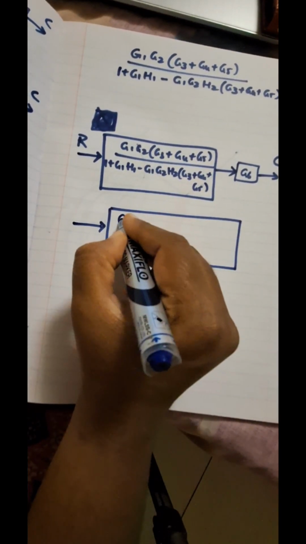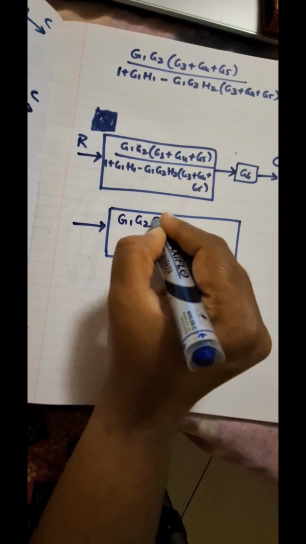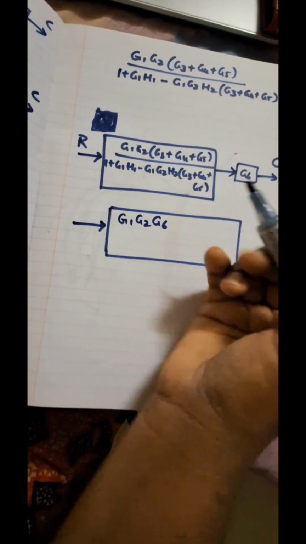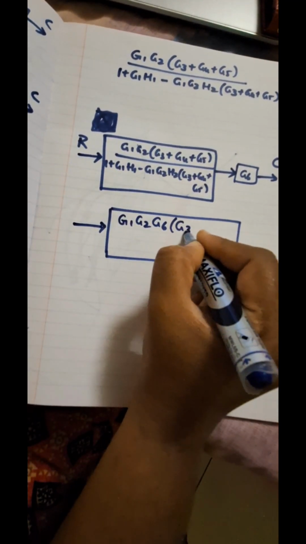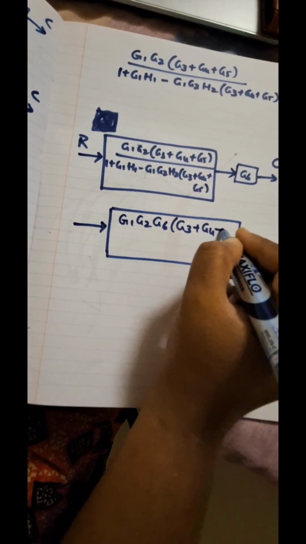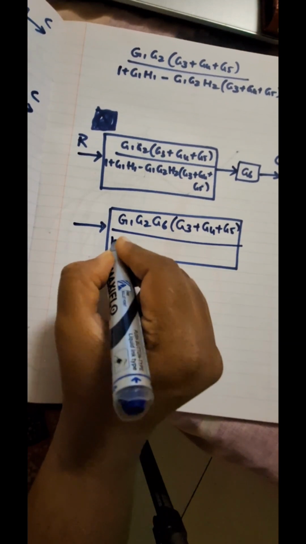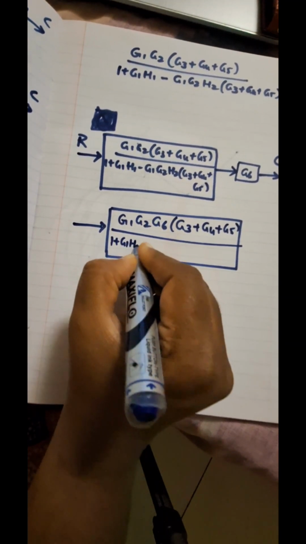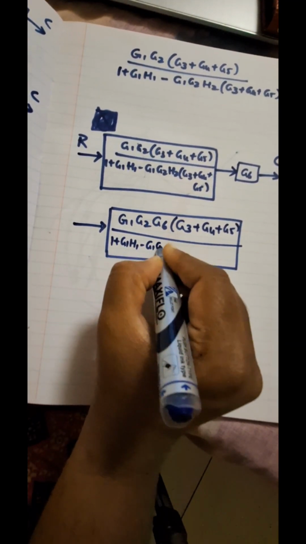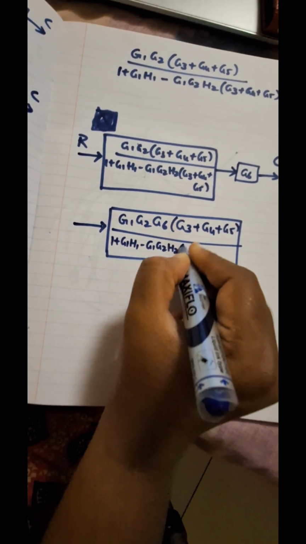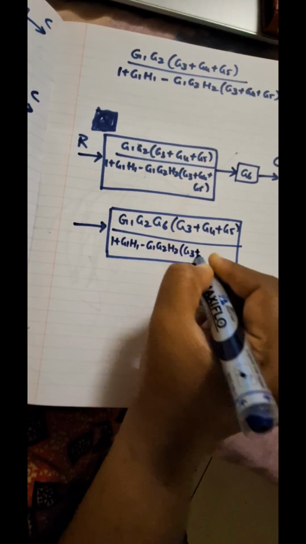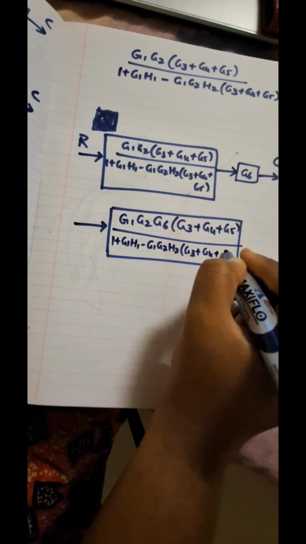So this will be G1, G2, G6. I just wrote it here. No worries, right? G3 plus G4 plus G5 divided by 1 plus G1 H1 minus G1 G2 H2 into (G3 plus G4 plus G5).